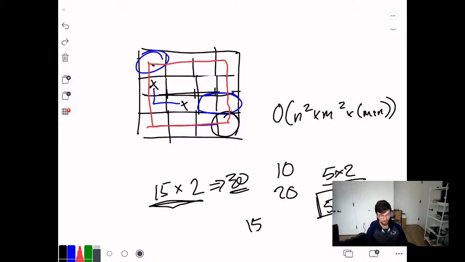So for example, we can look at only L's where, if it's an L shape that goes down and then across, it has to start at the top of the grid and end along the right side of the grid. And if it's the other way, it has to start along the left side of the grid and end along the bottom of the grid.